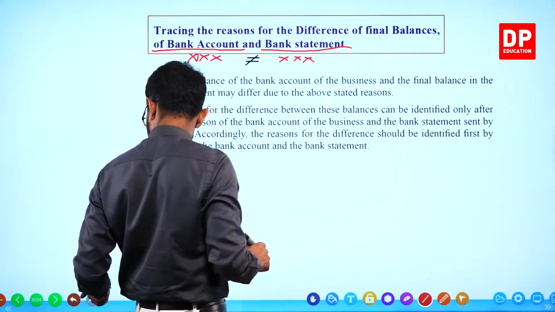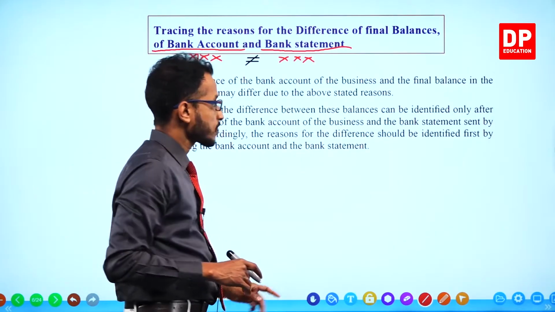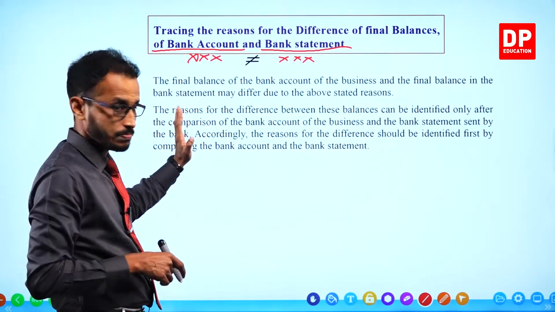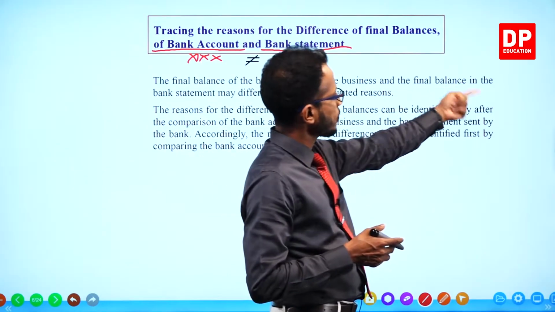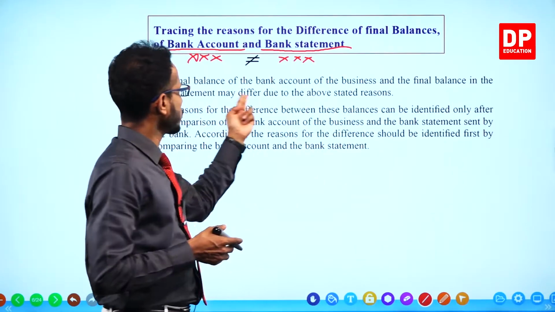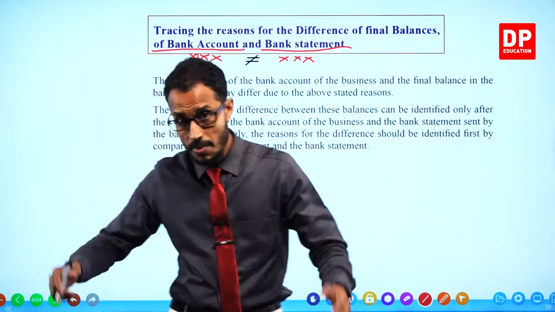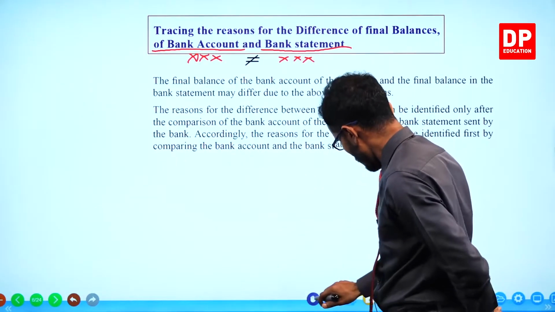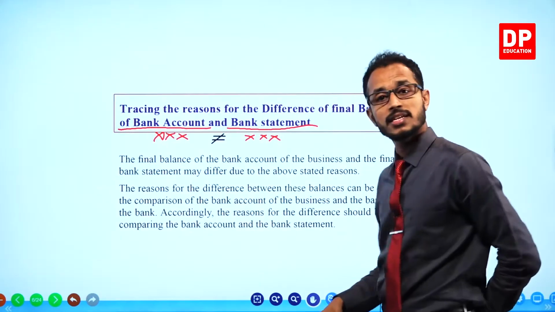Right. So having said that, children, I'm going through the text very quickly, and I'm going to ask you a question. Final balance of the bank account of the business and the final balance of the bank statement may differ due to the above reasons. What above reasons? Do we have anything above? I can't see anything.